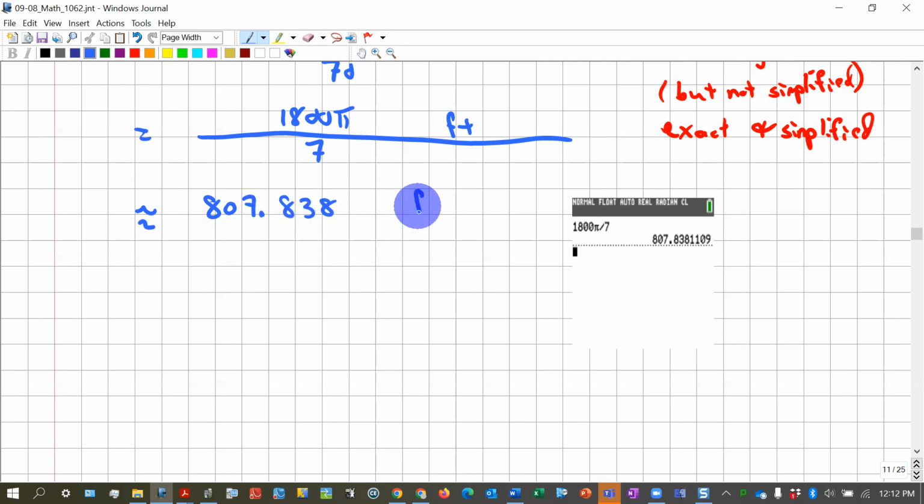And probably in this situation, we wouldn't round to 3 decimal places. Maybe we'd round to the nearest whole number, because that already has 3 digits in it. But the directions will tell you.